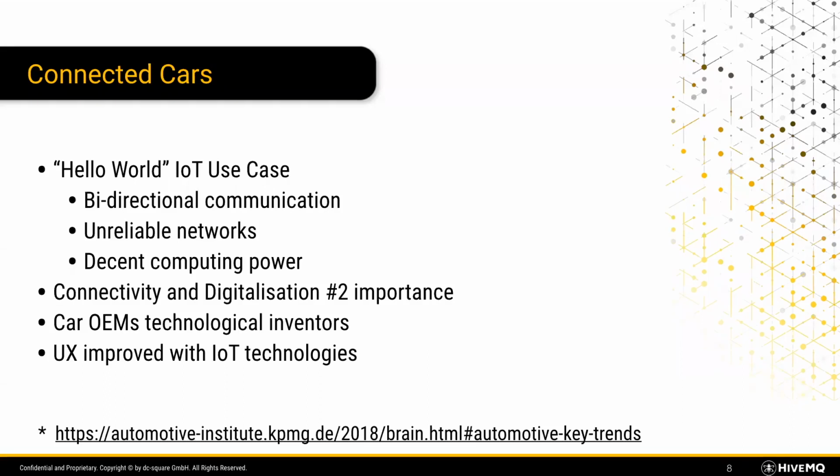At HiveMQ, we talk to the OEMs directly, and all of them view themselves as technical innovators. So they want to be on the forefront of IoT. And the user experience can be improved using IoT technologies.